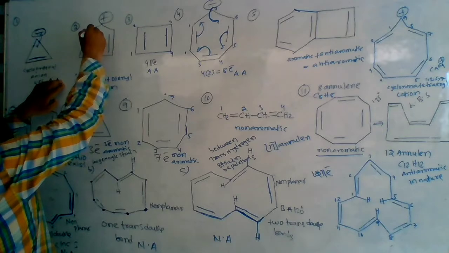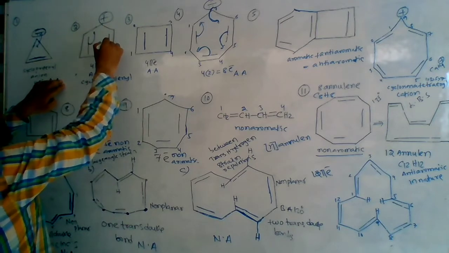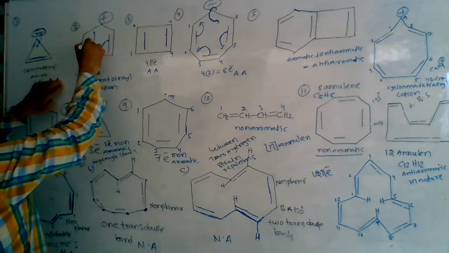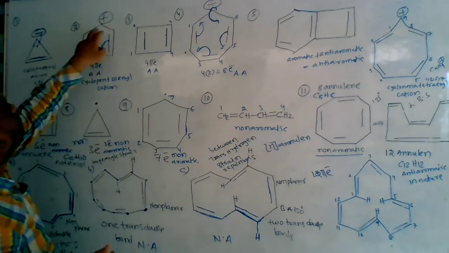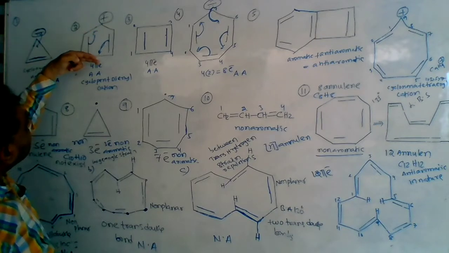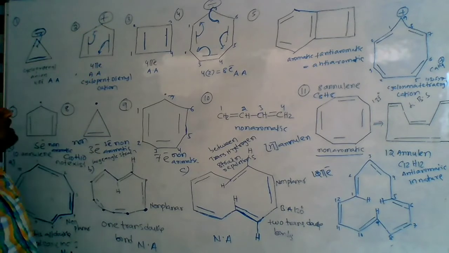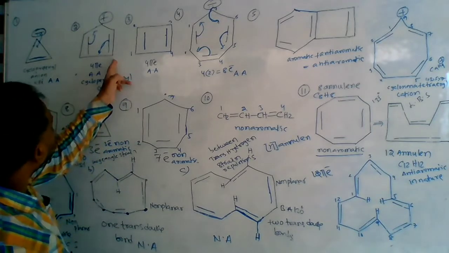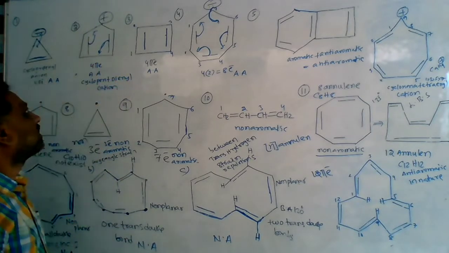Pi bond electrons are shifted, and these pi bond electrons are shifted towards the positive charge. So 4 pi electrons are involved in complete delocalization, which obeys the 4n rule. So it is also an anti-aromatic compound.